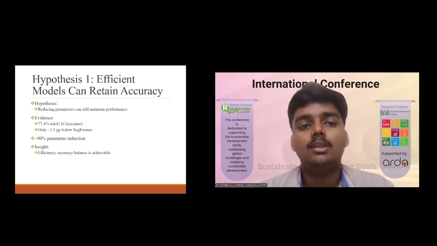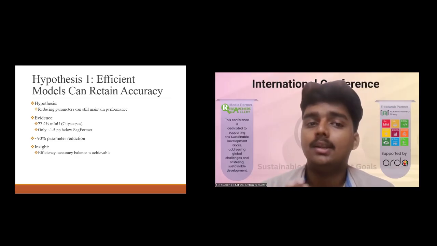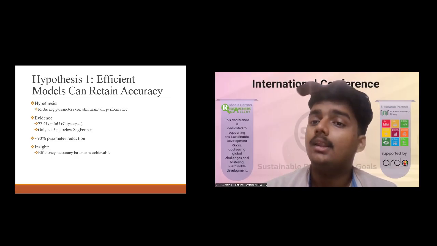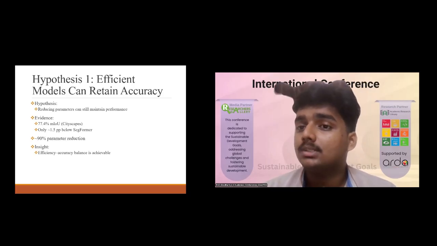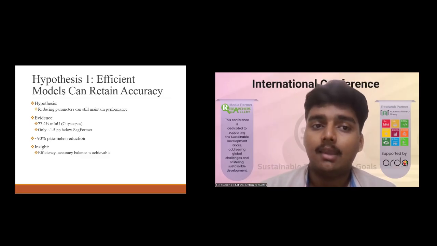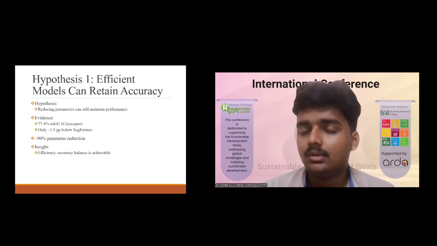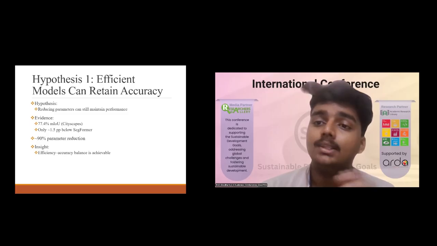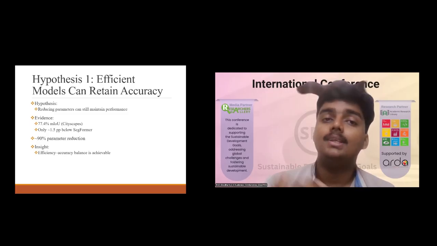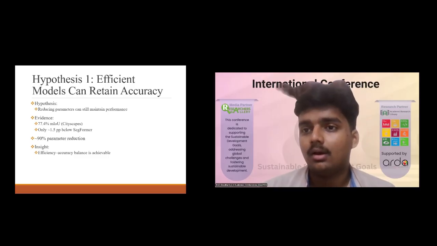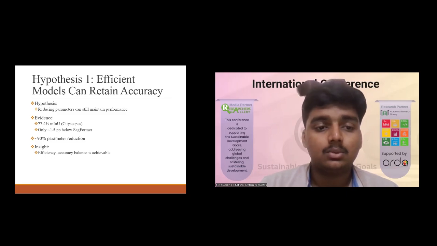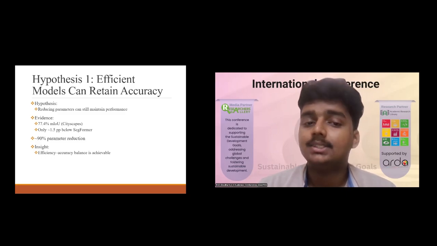But the model we have created is bringing in 77.4 percent, which is clearly above the autonomous vehicles threshold. So it brings in an efficient model along with better accuracy that can be used for real-world purposes. So there is a balance between efficiency and accuracy.